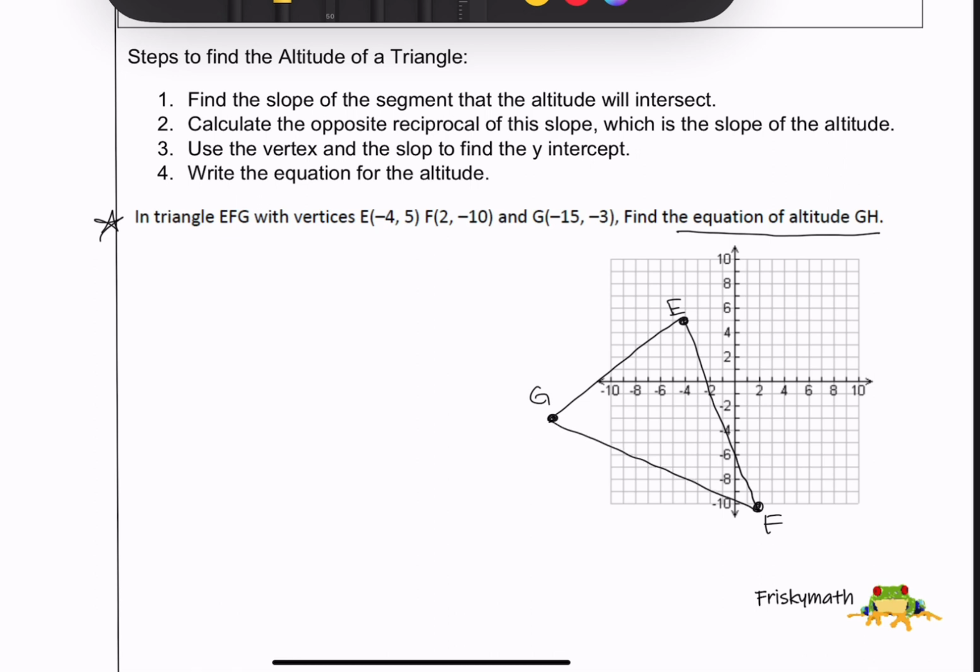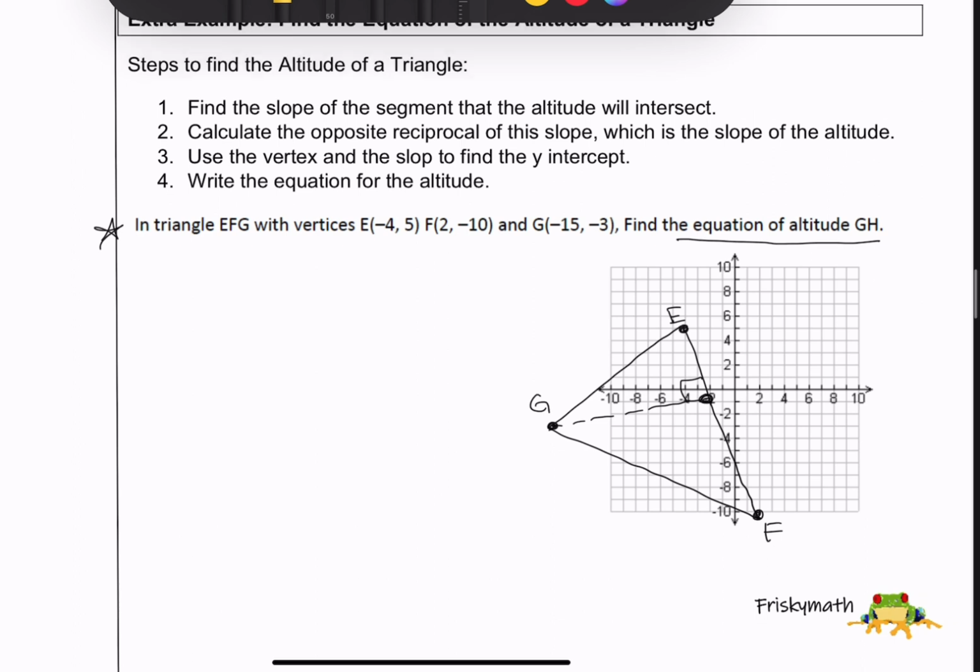They told us that our altitude would go from G to H. An altitude, again, goes from a vertex to the opposite side and is perpendicular. I'm not really sure where that's going to be, but I do know that H would probably have to be somewhere on EF where I could draw a perpendicular angle. We're going to find out.